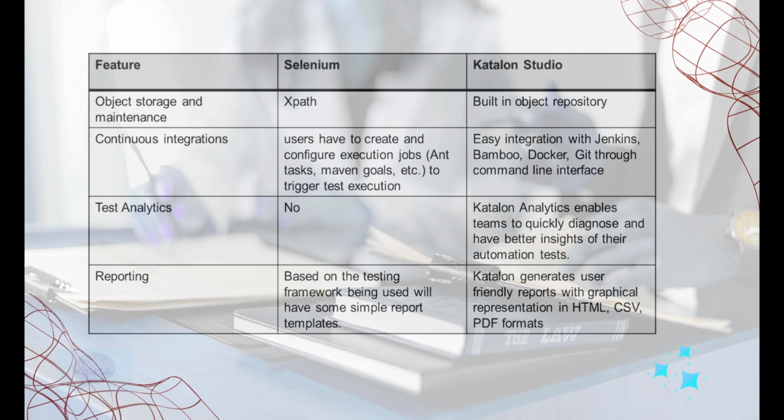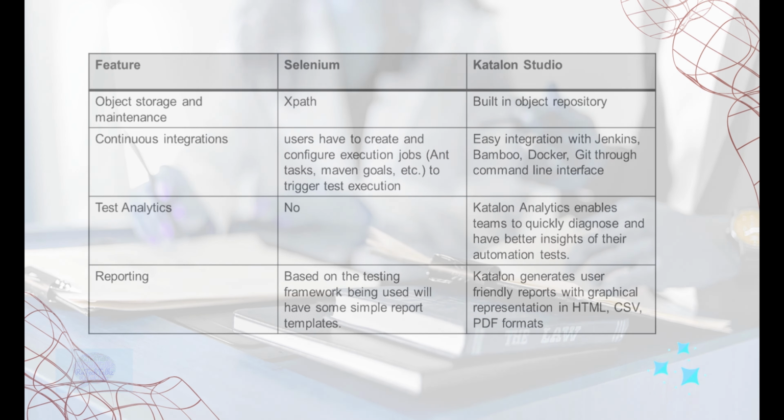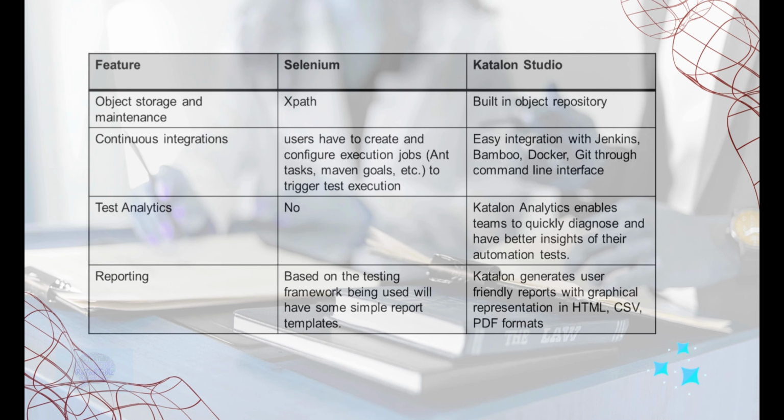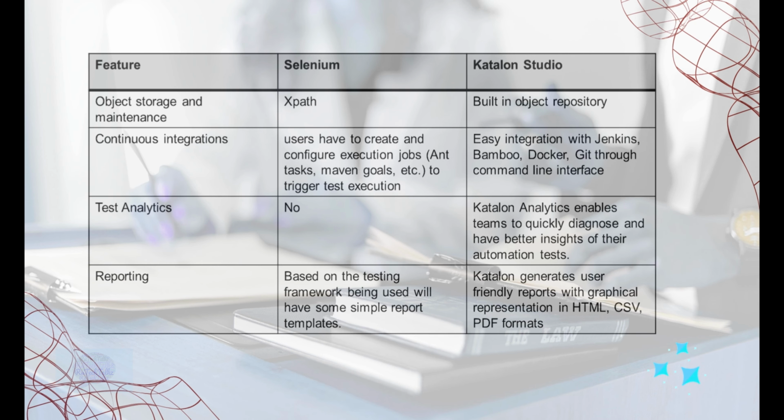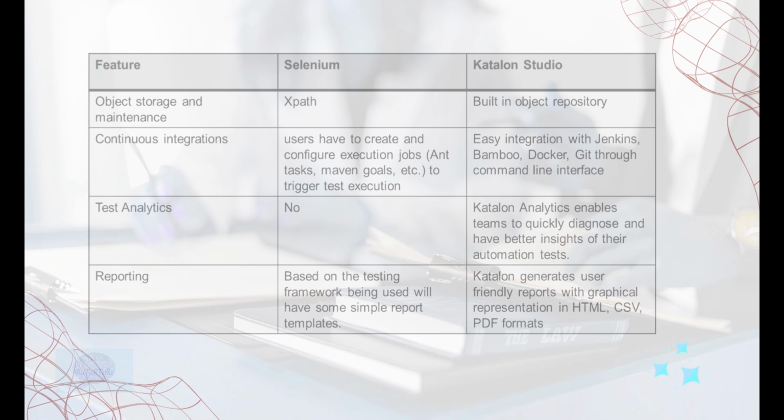In the second part, I have compared the functionalities, features and integration. In this, I checked object storage and maintenance. Selenium requires XPath maintenance, whereas in Katalon Studio, a built-in object repository is available.